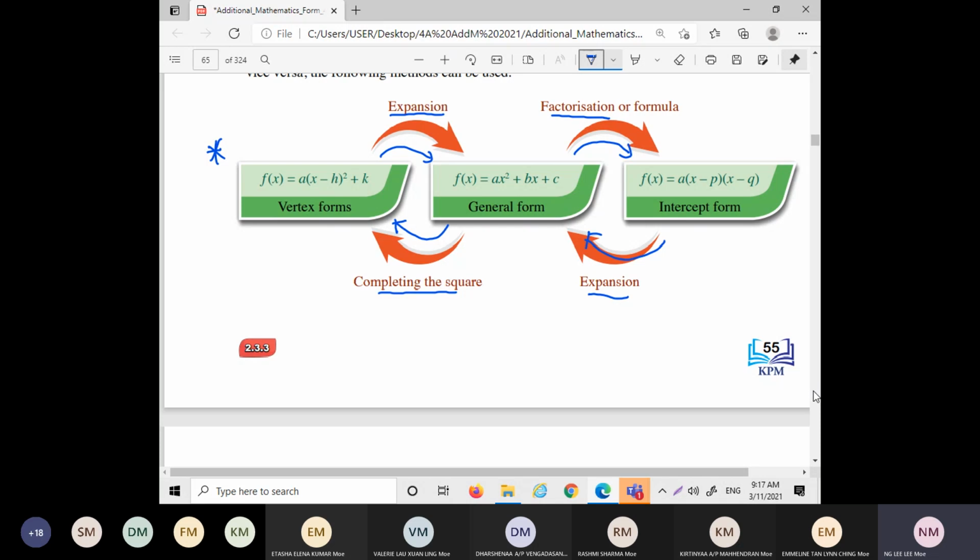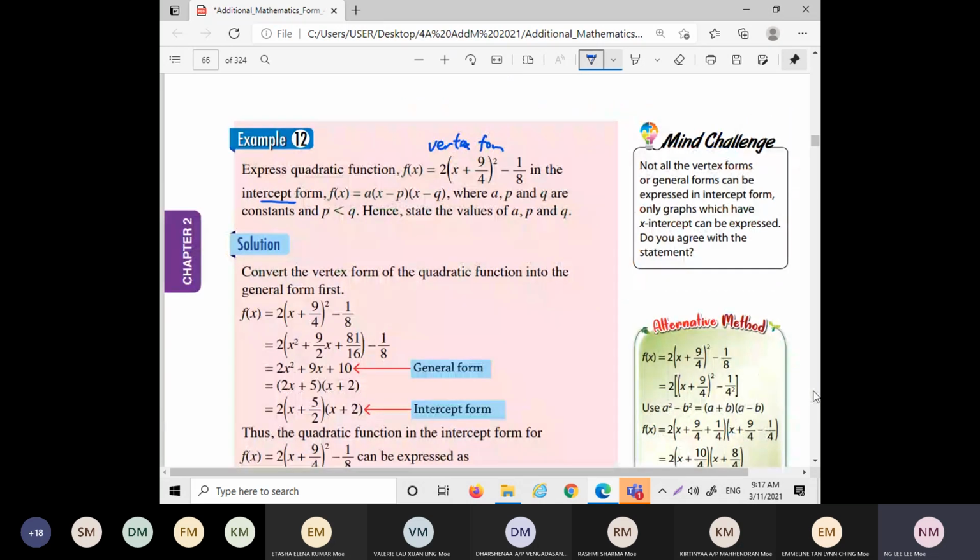So we go back to this. Expansion, after that, factorization. So we see this example. First of all, we do expansion. Here they do expansion. After that, bring in the 2, then combine the constant terms, then you get this. This one is in general form.